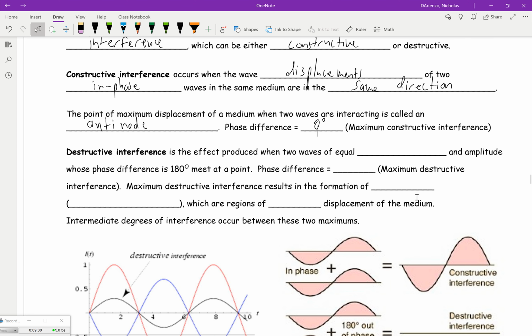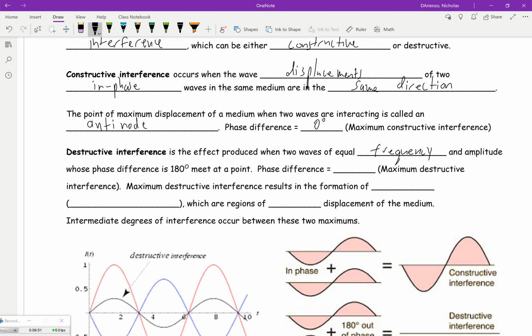Now, destructive interference is the opposite of constructive interference. This is the effect produced when two waves of equal frequency and amplitude whose phase difference is 180 degrees meet at a point.